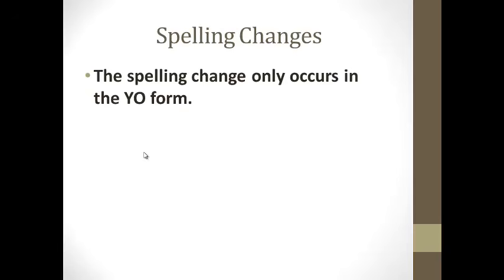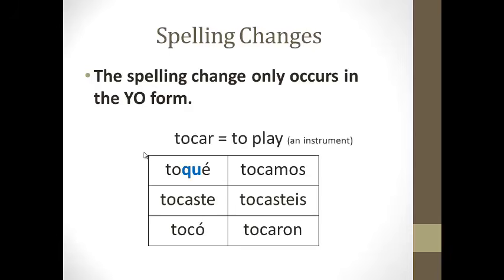Okay, so an important thing to remember is that this spelling change only occurs in the yo form. The rest of your verb will be conjugated normal, as it would be in the preterite. Let's look at tocar. Here it is in its preterite conjugation. Toqué, tocaste, tocó, tocamos, y tocaron.